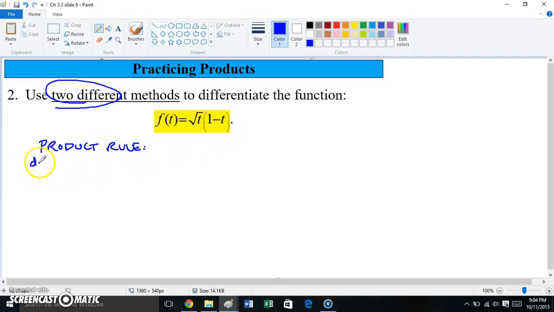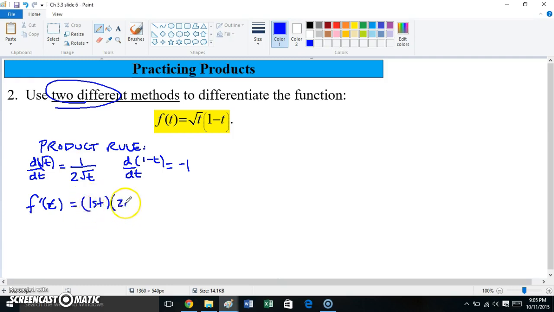My first function, the square root of t, with respect to t, its derivative would be 1 over 2 the square root of t. My second function, 1 minus t, its derivative with respect to t is negative 1. Okay, so f prime of t, again, will be the first function times the derivative of the second function plus the second function times the derivative of the first function.